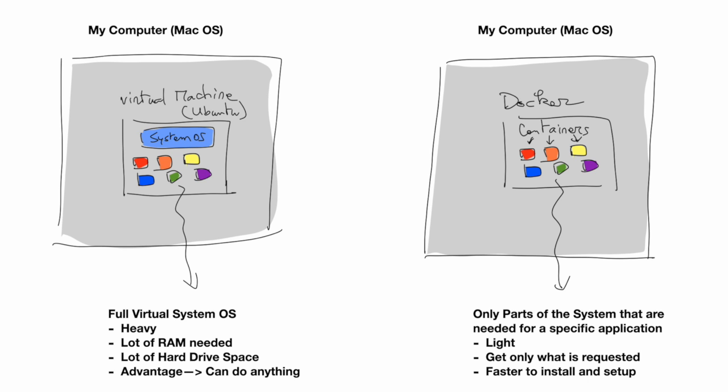Now, the advantage of Docker is that it only takes the parts of the system that are needed for a specific application. So it's light, and you can get only what is requested to run the application you want. So it's faster to install and set up, it's lighter, it's faster, and yeah, it's a very cool tool.